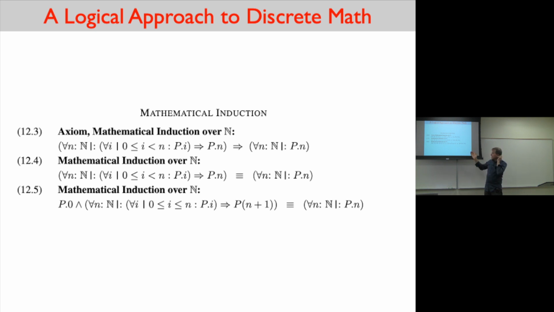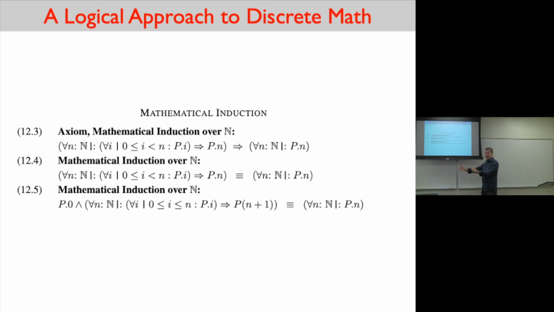And the axiom says that for all n which is a natural number, it's an if-then. In the body, if it's true that for all i, 0 less than or equal to i less than n, p dot i is true, in other words, if p dot i is true for all the i's up to but not including n, if the truth of those implies the truth of p dot n, are you with me?